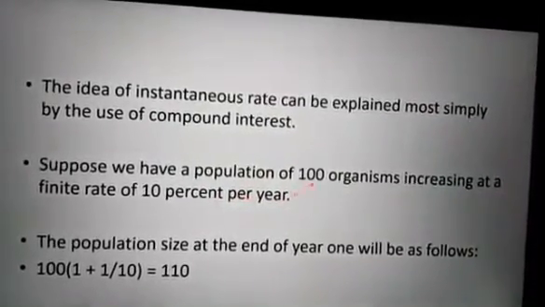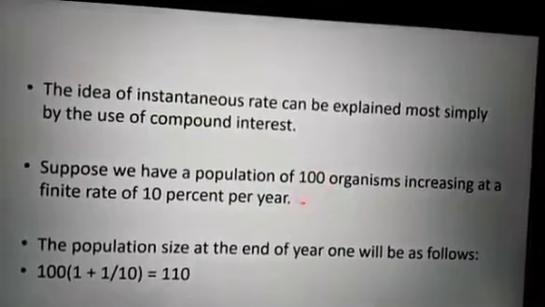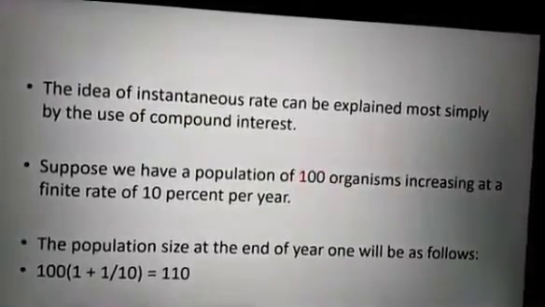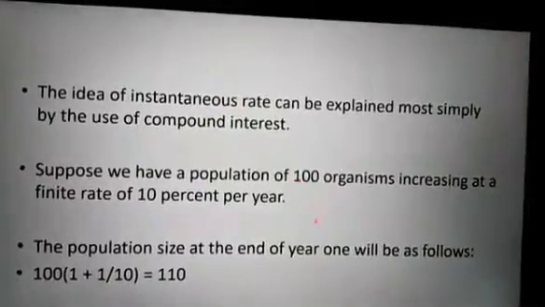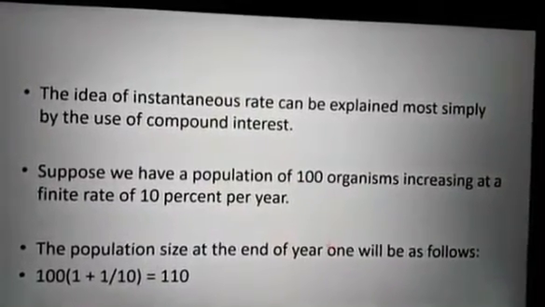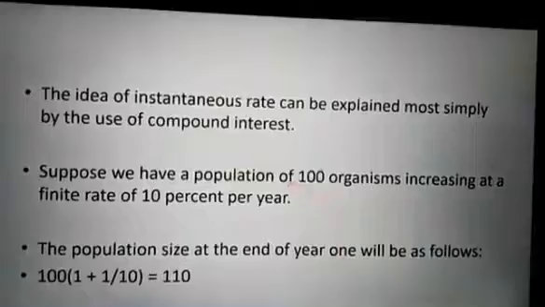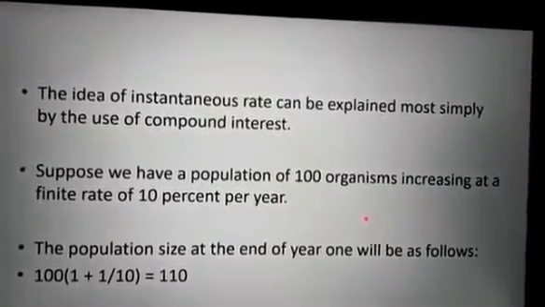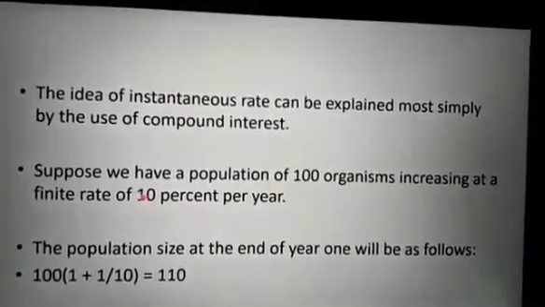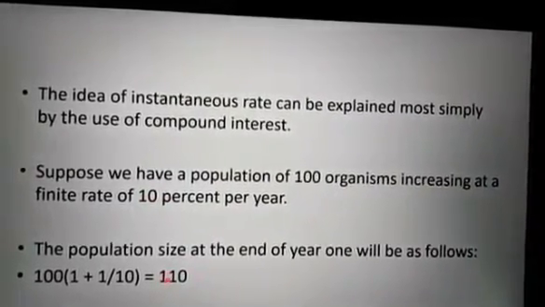You say 100, this is your y0. You are looking for the amount at the end of the first year. So it's 100 into 1 plus 1 over 10, which will give you 110.